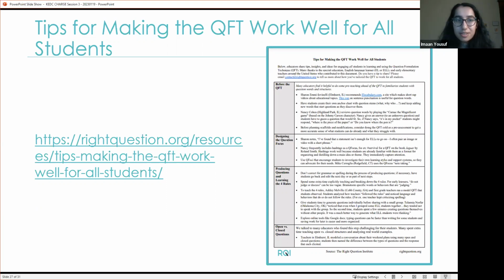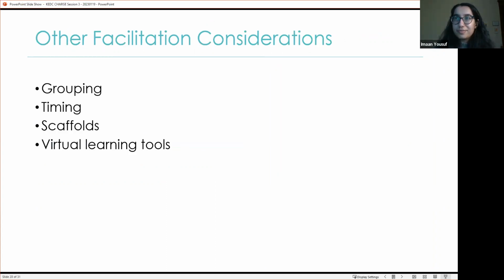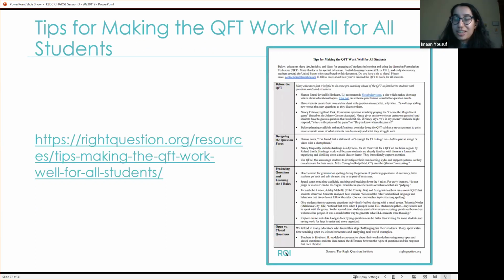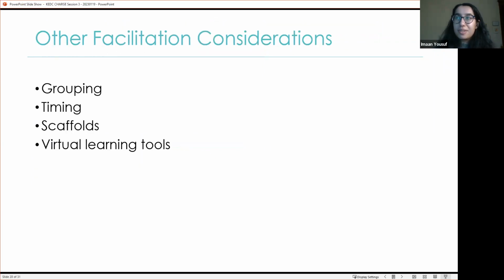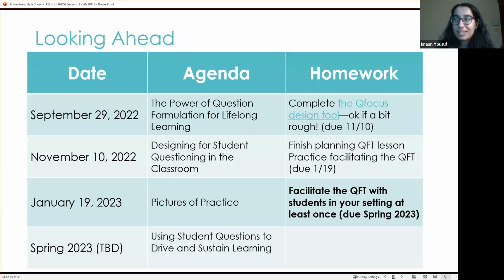So these are some tips, tried and true, from teachers who have made adjustments to make the QFT work better for their students. So really encourage you all to take a look at that as you go into facilitating it for your students. And these are just to remind you that these are things you consider in any lesson, and it's the same with the QFT. You can make adjustments as needed.